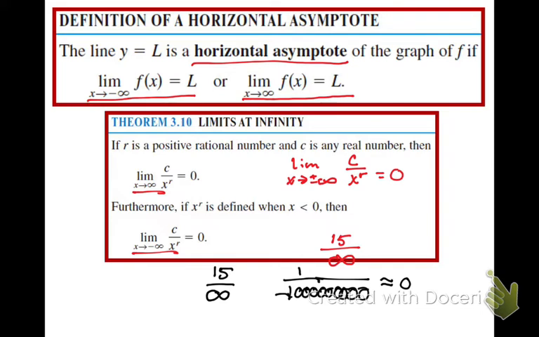So do you understand why, if that denominator is infinity, what if I had x to the r plus 1? Would it matter? No. When you have infinity plus 1, is it going to change it? No. It's still going to be infinity. I mean, it's still going to be 0, yes? Make sense? Okay.